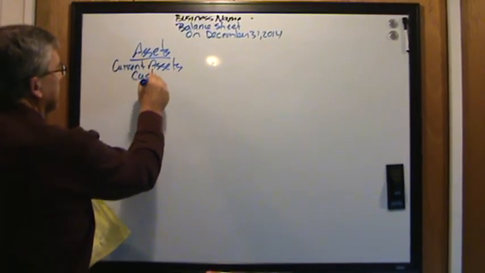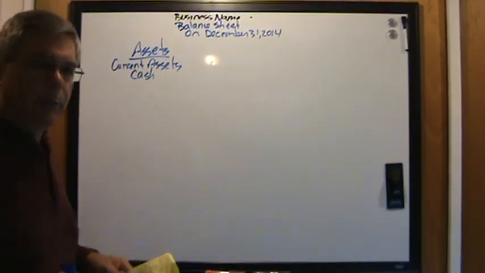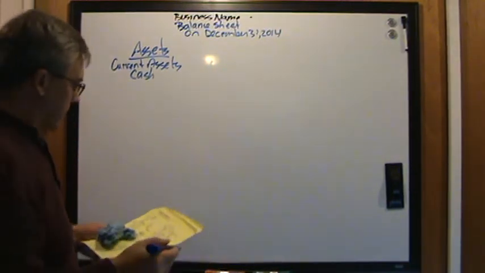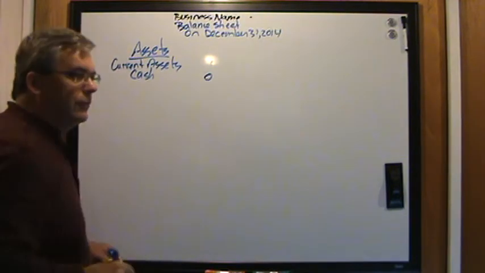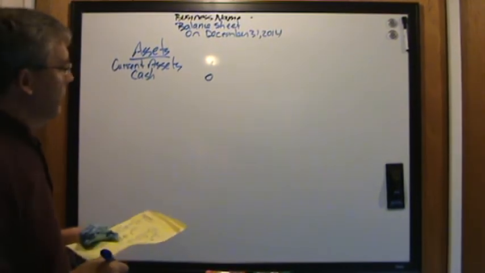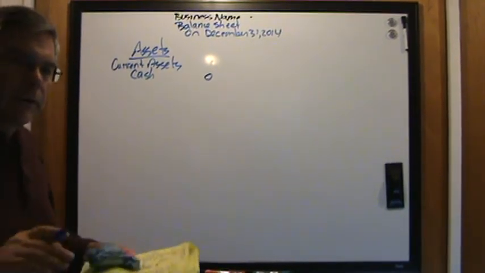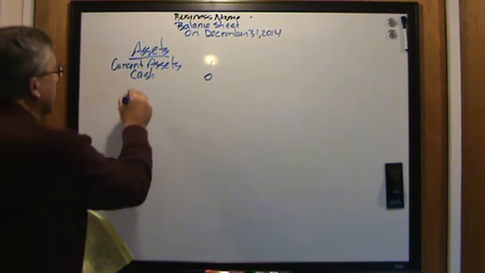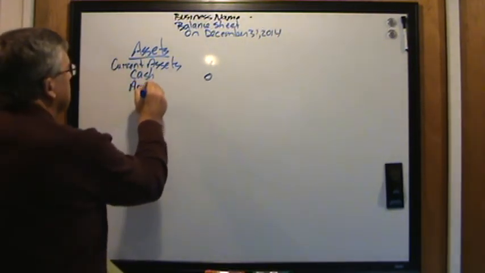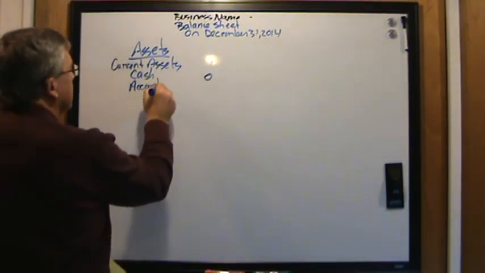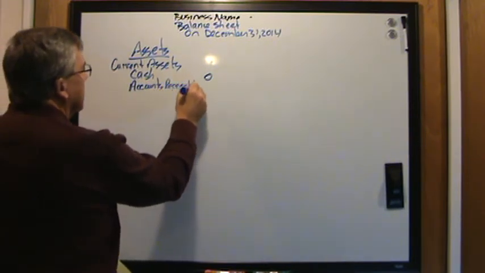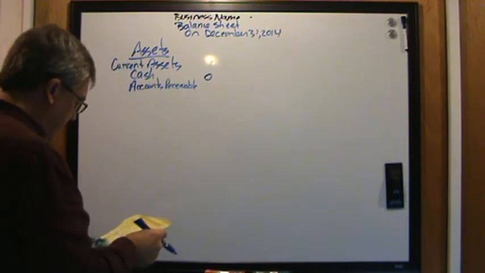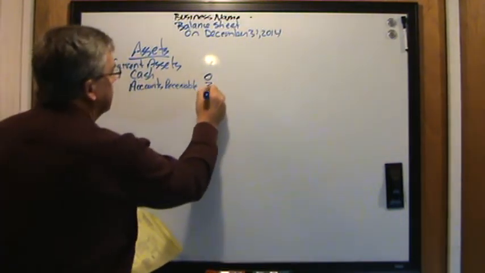It's not necessary to put cash in because it's zero, but I just want to keep us reminded that it is zero. But if you leave it out, of course, it's not wrong. So accounts receivable are 34,300.